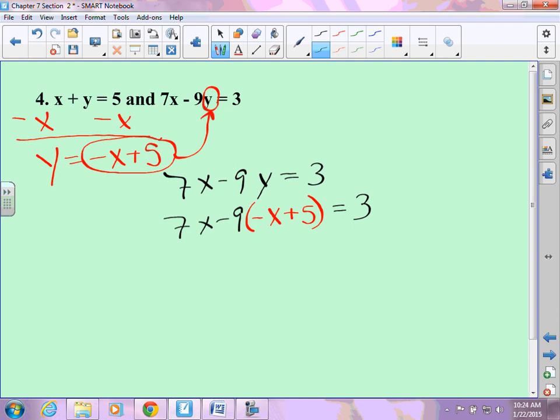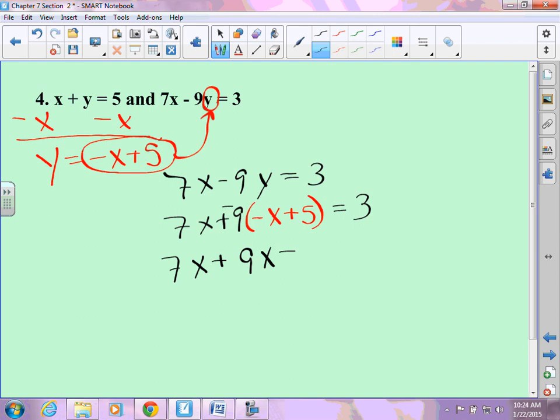Okay, so I'm going to distribute 7x plus what? Very good. 9x plus negative 45 equals 3. Very good. Okay, now what do I do? Very good. I distributed. Now I'm going to combine like terms.